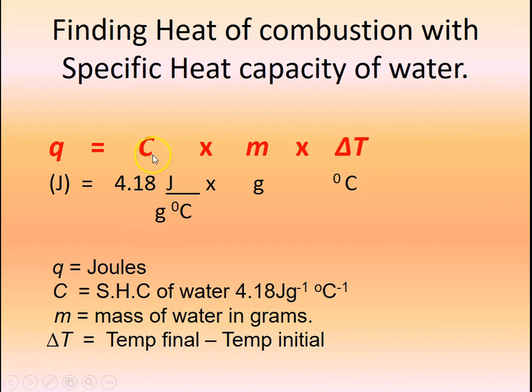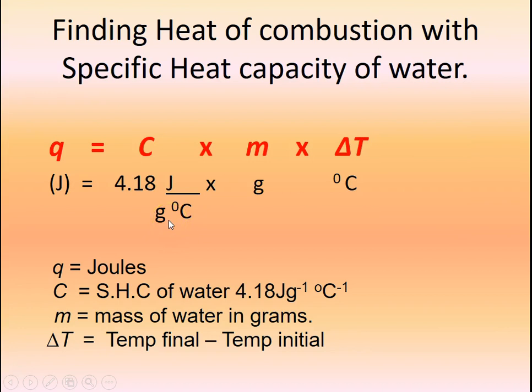So our equation, basically you don't really need an equation, you can build this from the units on the specific heat capacity of water. You need 4.18 joules for every single gram going up every single degree. So 1 gram of water will go up 1 degree if you put 4.18 joules in it.